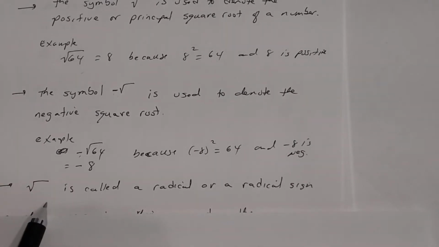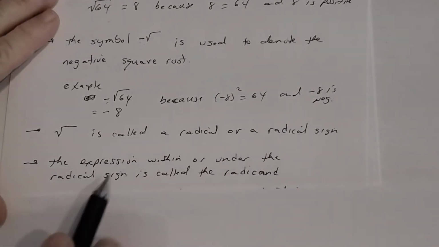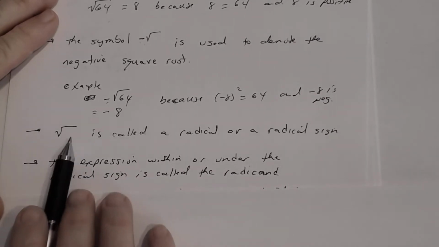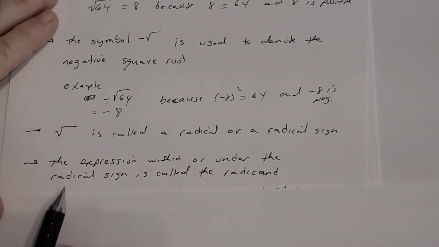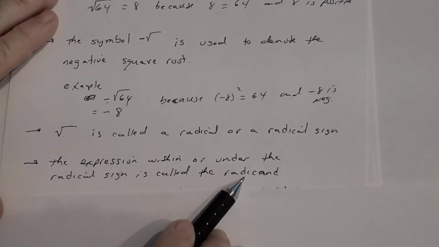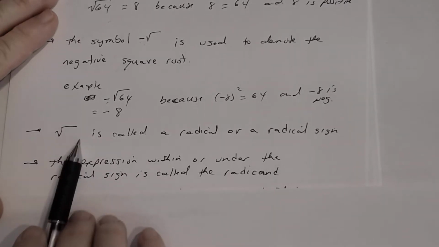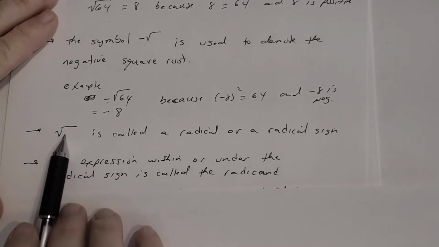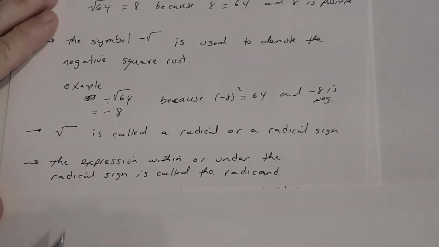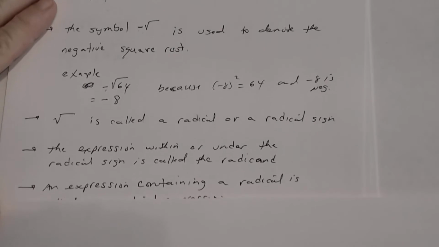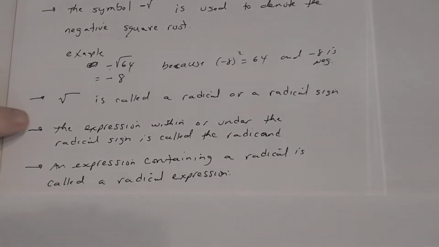So the symbol here is called the radical or a radical sign. Okay? Now, the expression that's within or under the radical sign is called the radicand. So the expression that's under the radical sign is called the radicand. Okay? And so an expression containing a radical is called a radical expression.